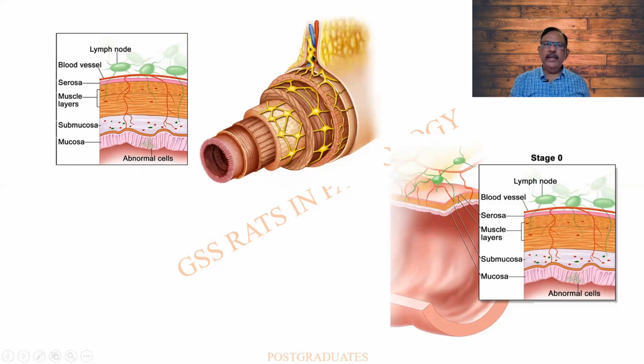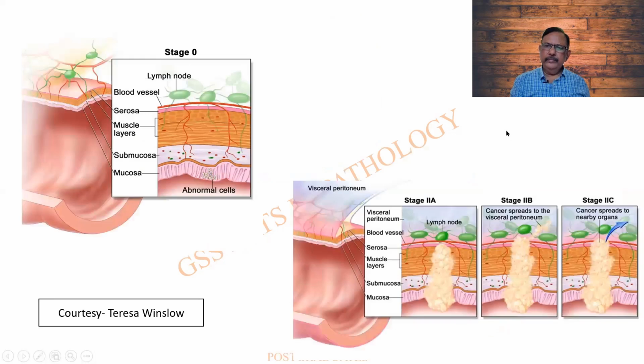That is why the bare area and the sampling will be important. And there is a mesenteric border which should not be tampered with as much as possible. Here I find that the first group of nodes is being involved. So it can be progressively becoming stage 2, stage 3, and stage 2C.